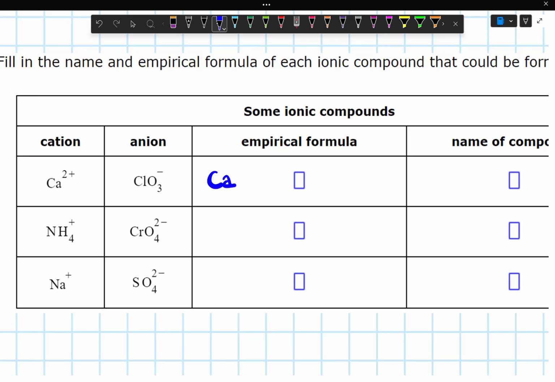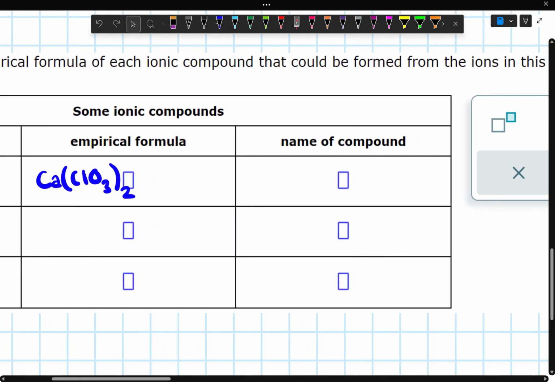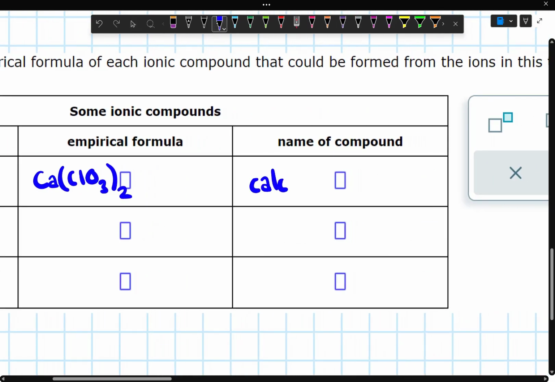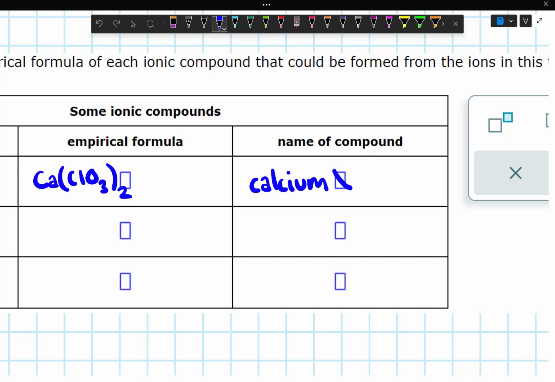So first let's write our empirical formula. Alright. And then our name is going to be calcium, and no Roman numerals because there's only one state. Calcium chlorate.